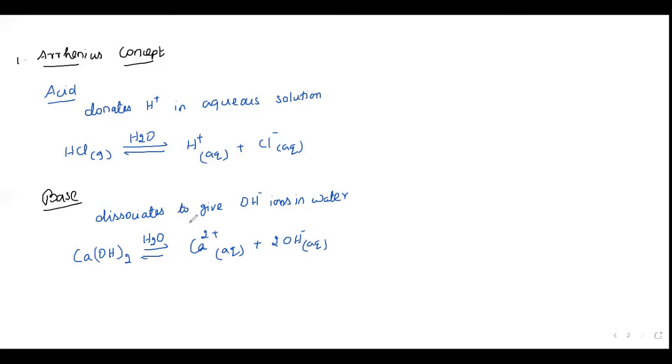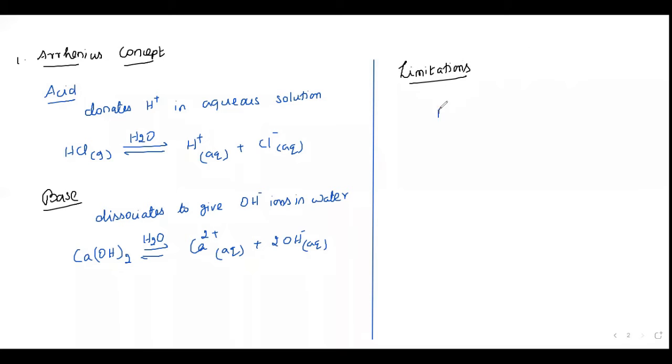So as per Arrhenius concept, acid is the H plus donor, base is the OH minus donor. That is the Arrhenius concept. But this theory is not applicable to all compounds. So, limitations. For the best example, ammonia.